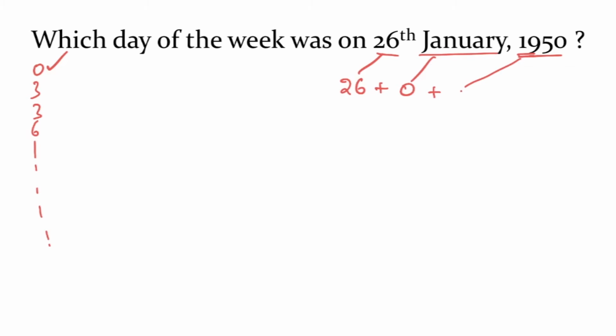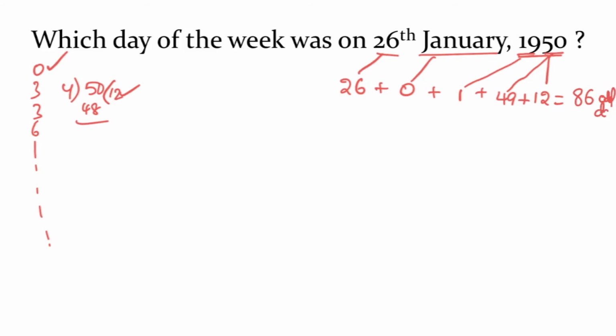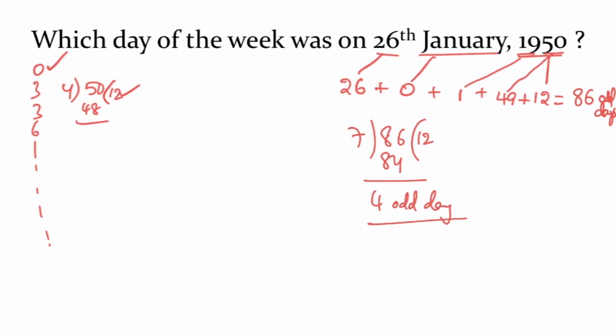So century code is 1 plus it is 50th year running, 49 years completed, plus 50th year running, how many leap years are completed? 4 12s are 48, so 12 leap years are completed. 26 plus 1, 27, 27 plus 49, 76 plus 12, 88 odd days. Sorry, 86 odd days are left. If there are 86 days, divided by 7, 7 12s are 84, 4 days left. 4th odd day is Thursday. Answer is Thursday.